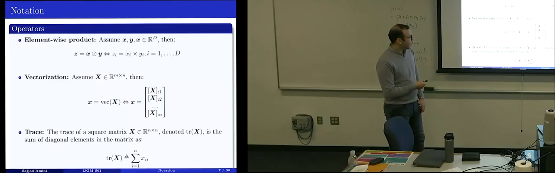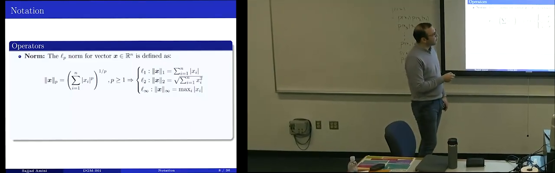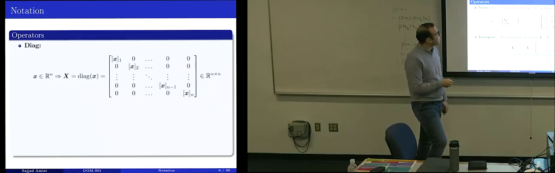The trace of a matrix is the summation of the diagonal elements. The L_p norm for a vector x is defined, and three well-known norms are L1, L2, and L infinity. We generally use L2. The others are just for your information. Maybe L1 is also used. The transpose is very simple. If you have any questions, stop me, please.